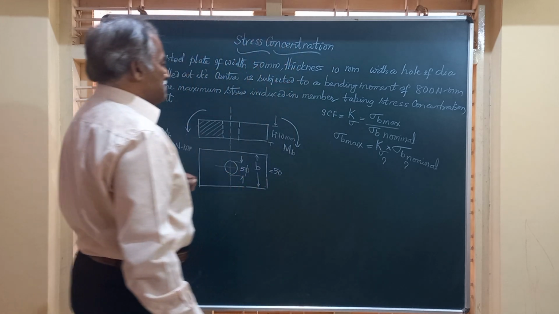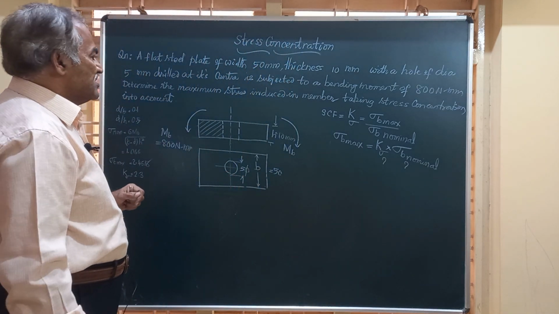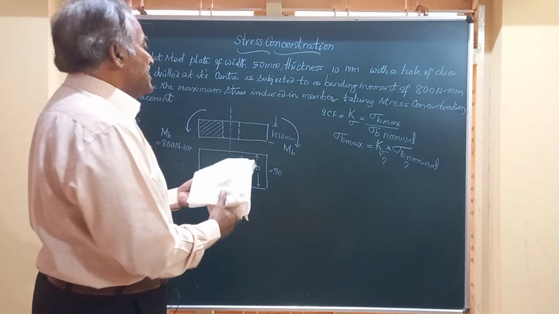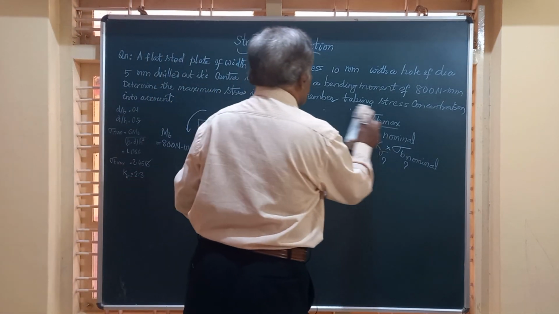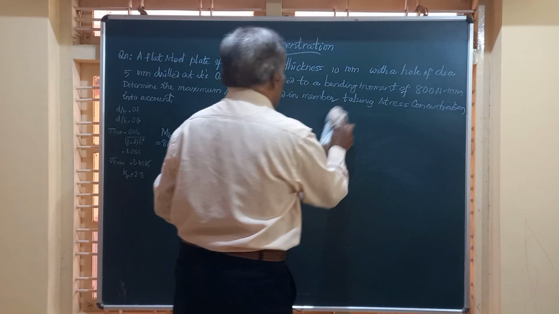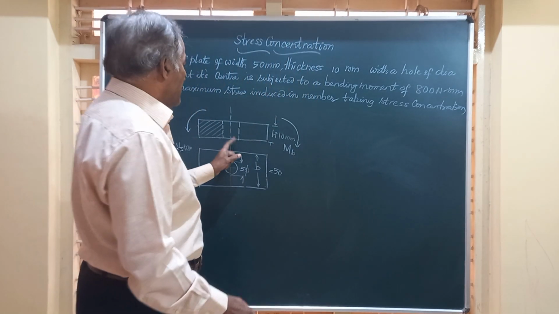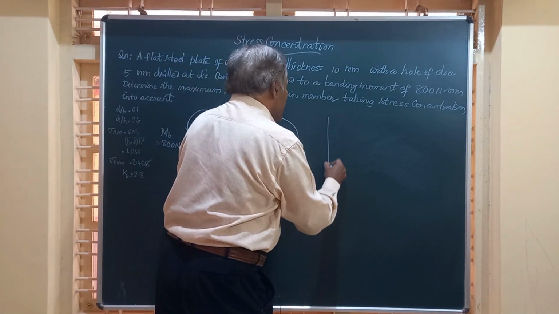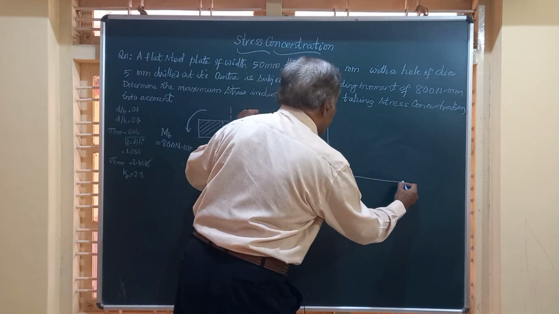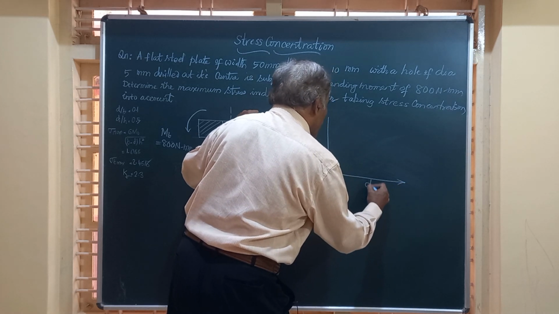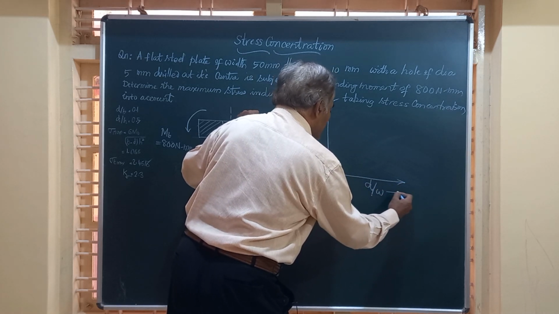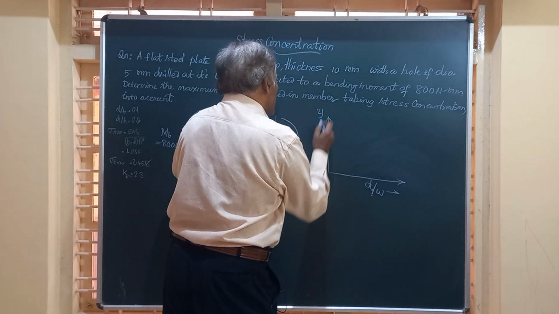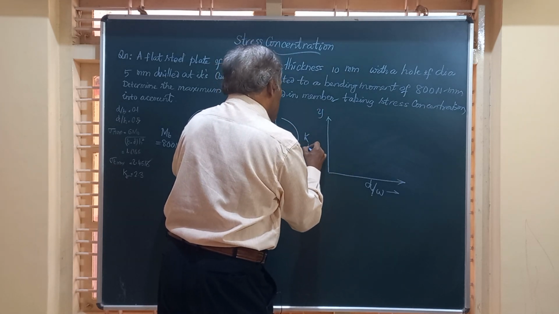To get the value of sigma B max, we should know what is K sigma and what is sigma B nominal. Friends, for the given plate, if you refer to the data handbook, a graph is given along with the same sketch. You have on the x-axis the ratio d by w plotted, and along the y-axis K sigma plotted.